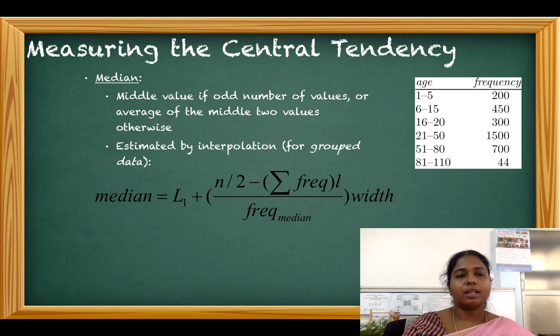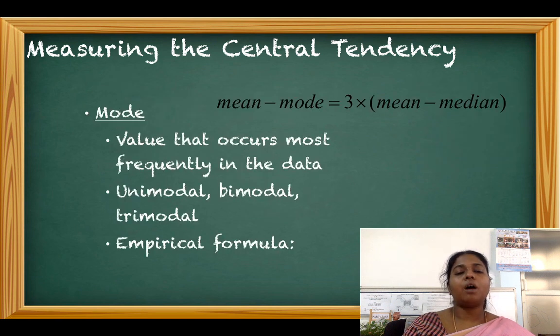That is called the median. A mode is the data value that repeats itself most frequently. That is called the mode. Any data that you have can be unimodal, bimodal, or trimodal; in the sense, it can have one mode, two modes, or even three modes.